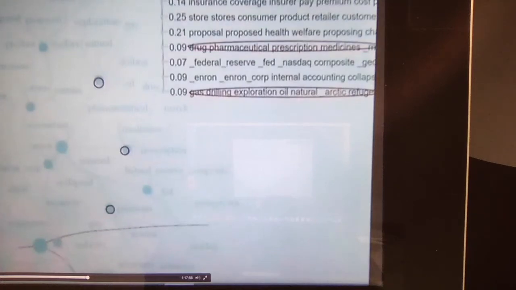Here we got insurance companies. Here we get the stores, the shopping malls, the retail industry. And here there's a topic about Enron, because Enron is a company that collapsed during that time, and there were many reports about that event. That's why Enron makes a separate topic.